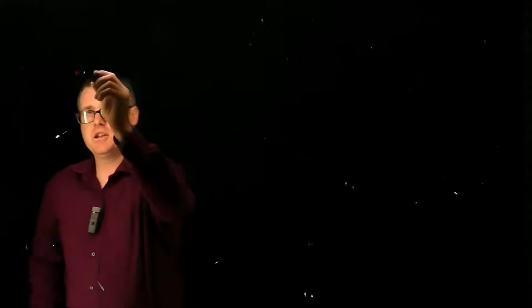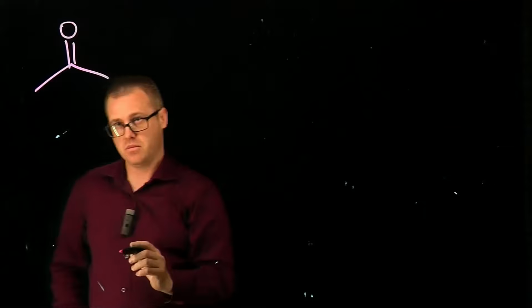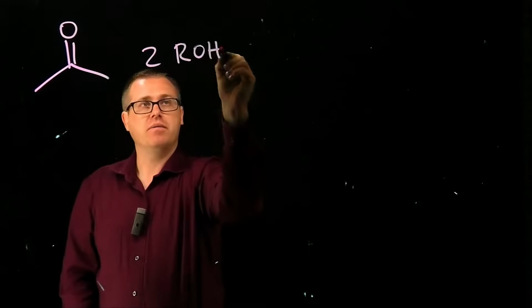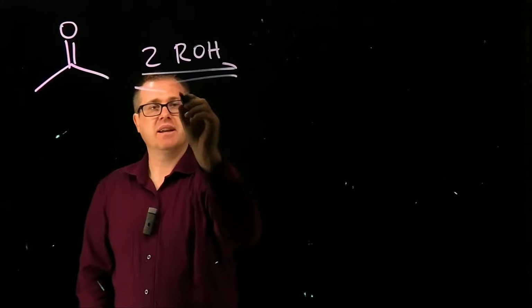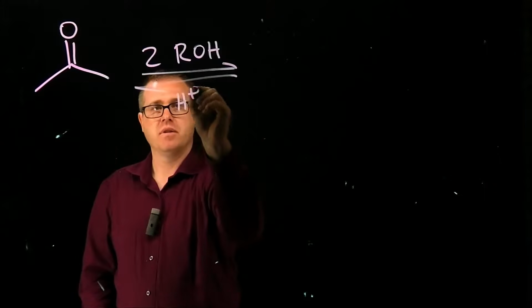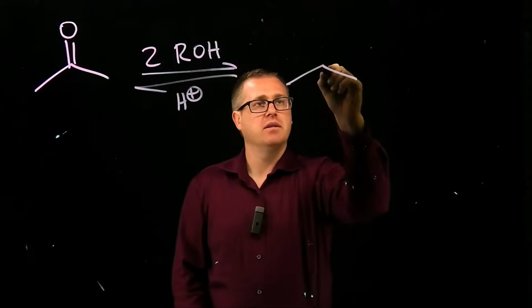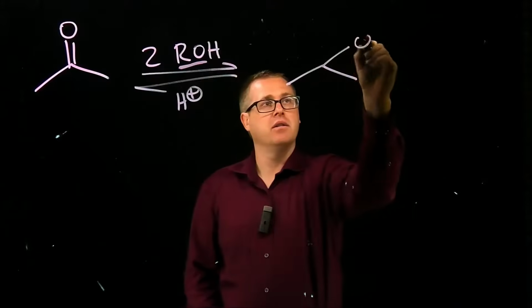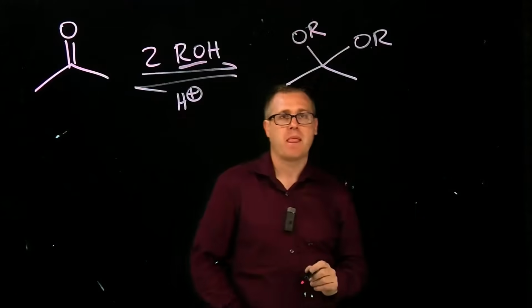Okay, so in general terms, if we take a ketone and we treat it with 2 moles of an alcohol, and we do this under acidic conditions, what we're going to do is tack on the alcohols, the OR part right here, like this. Okay?